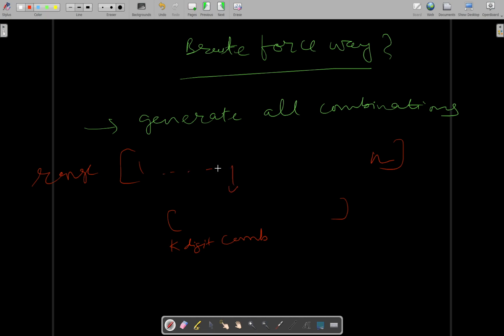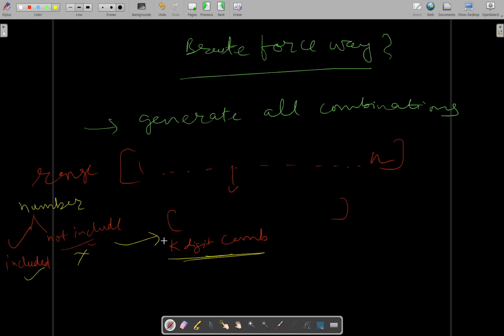Each number in this range will have two choices: either that number will be included in the final combination, or not included.